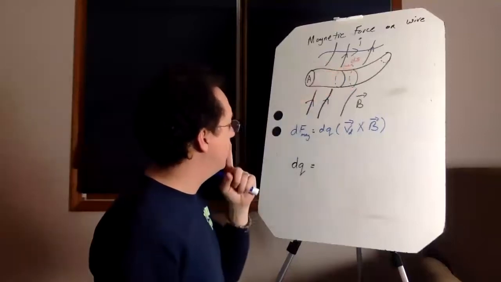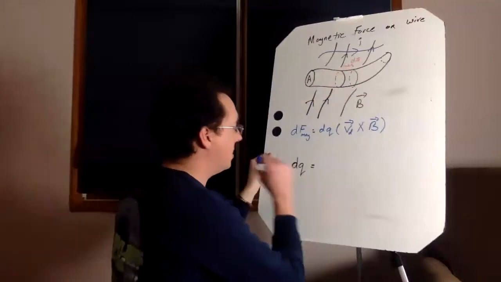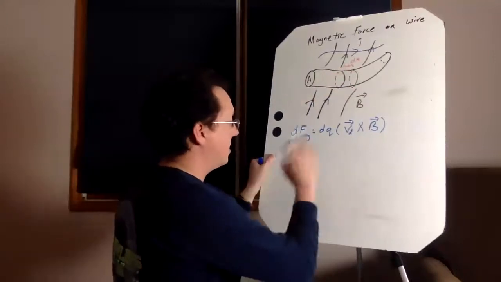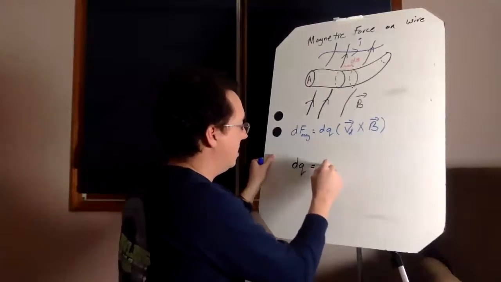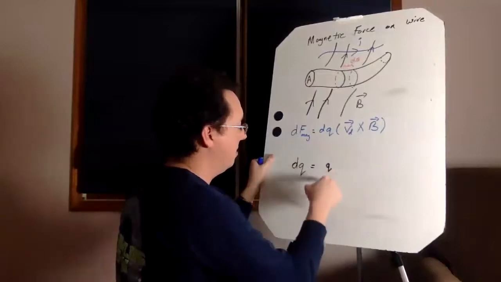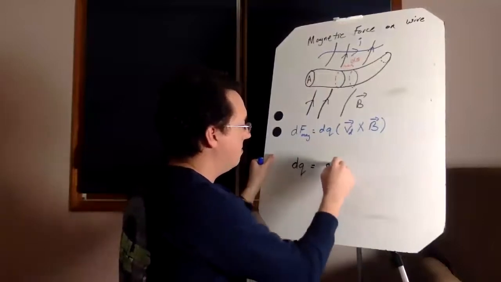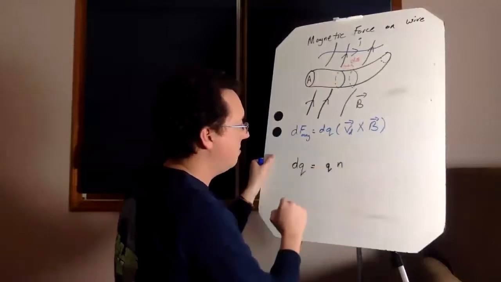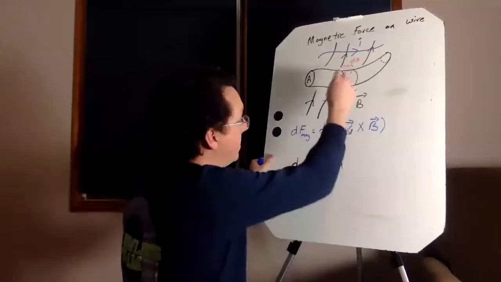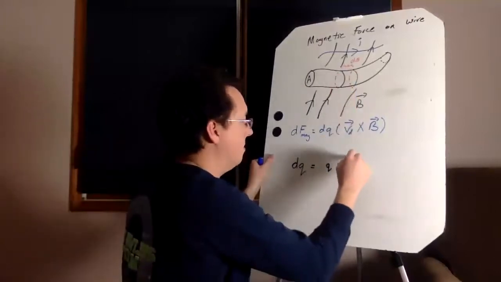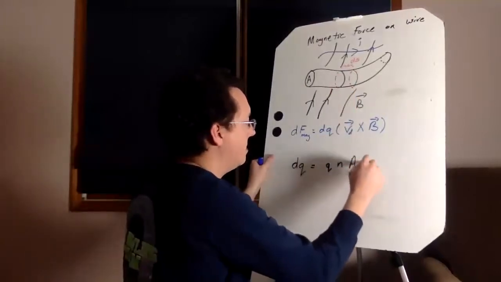volume times the density of charge carriers. So I could just think of this in steady state conditions. I could just think of this as the charge per carrier times the carriers per unit volume times the volume of that hockey puck looking thing, which should be the area times ds.